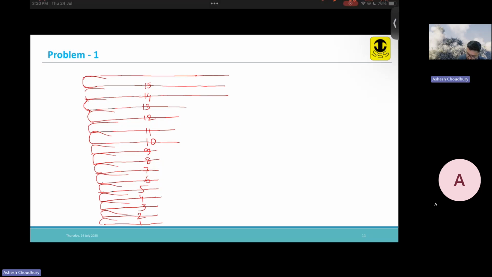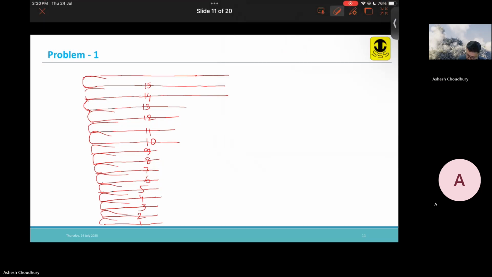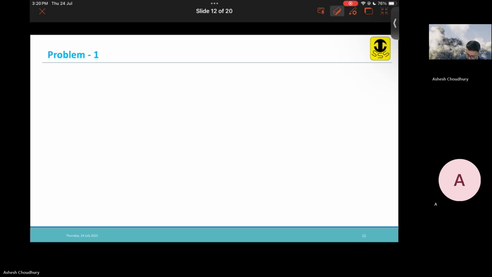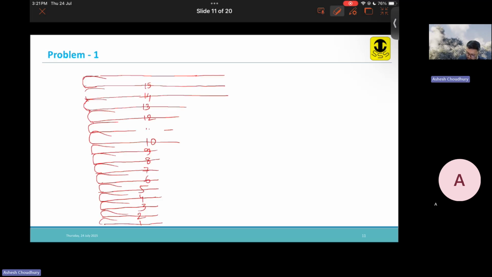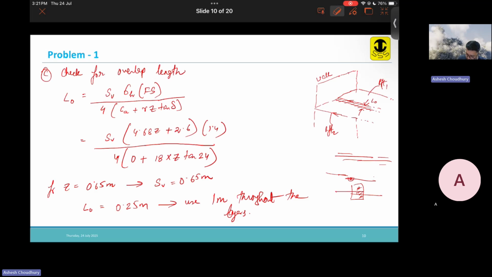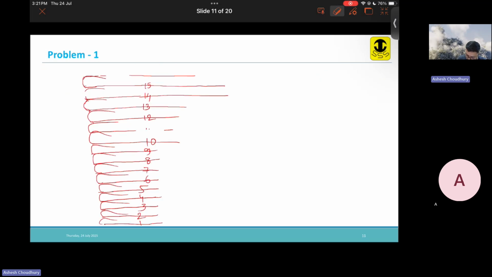So over, something is wrong with this. See, I don't know why it is so buggy.